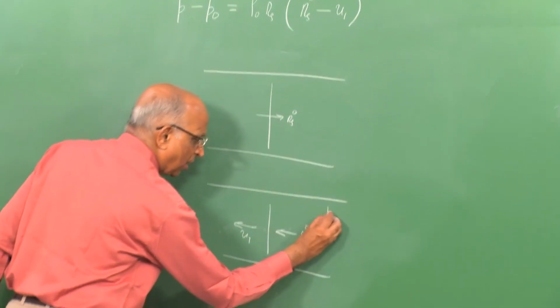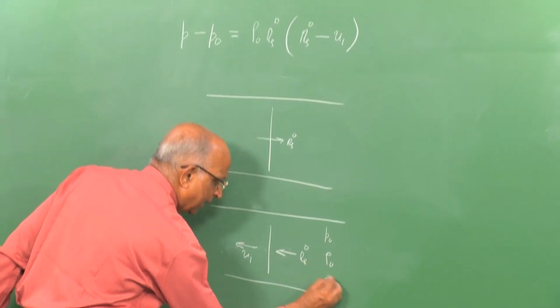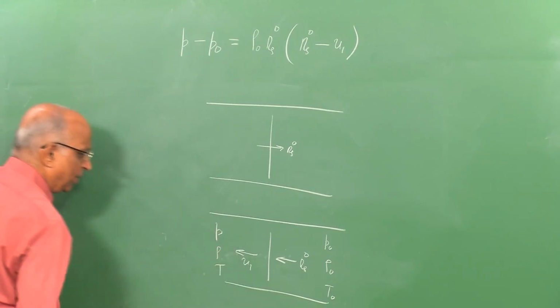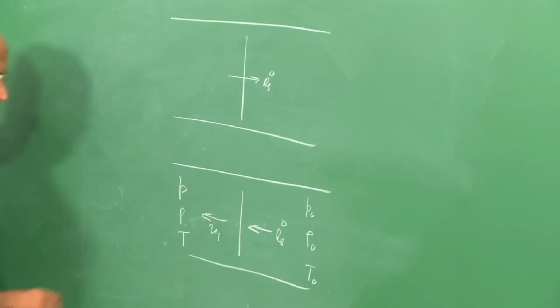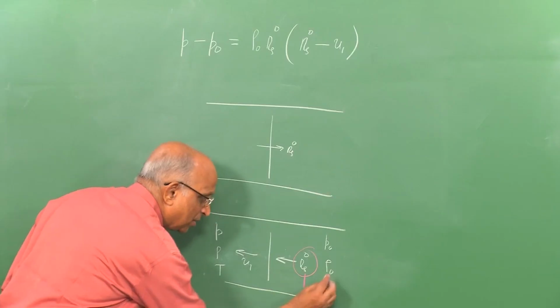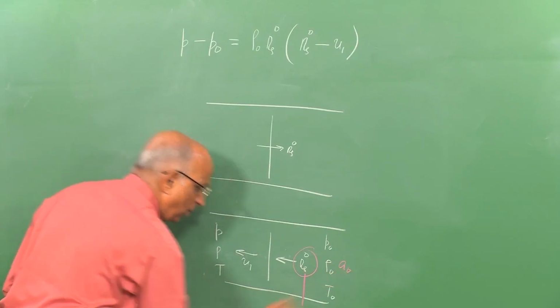The properties here are P 0, rho 0 and T 0. The properties behind are P, rho and T over here. Instead of Rs dot, I put in terms of Ms over here. The sound speed in this medium is A 0.